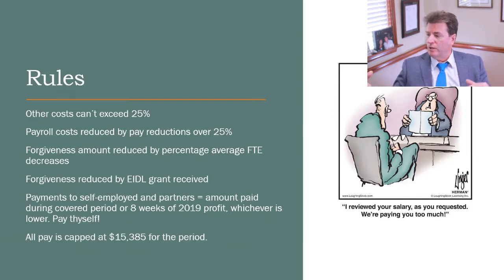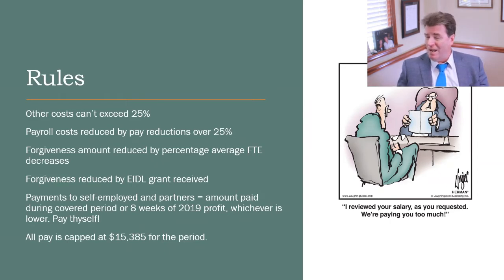Payroll costs are reduced by pay reductions for individuals over 25%. So during this covered period, if you've taken somebody and you've halved their salary or cut their pay by more than 25%, you subtract that amount from your payroll costs. And this is a really big one.